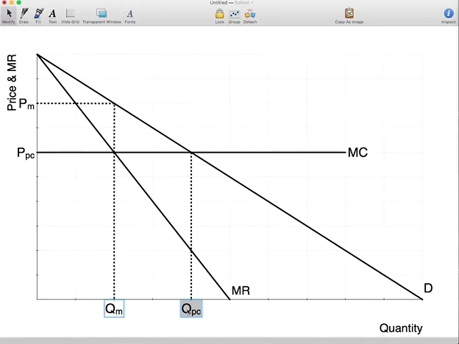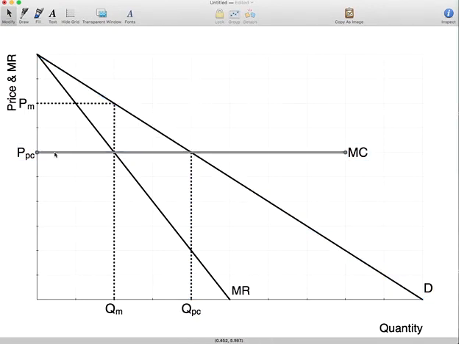So make sure you're comfortable, number one, with how to determine these. For a perfectly competitive marketplace, set an output level where marginal cost is equal to demand. That will give you your output level in perfect competition. The price is equivalent to marginal cost in a perfectly competitive marketplace. So that gives you your price and output in a perfectly competitive marketplace for this comparison.